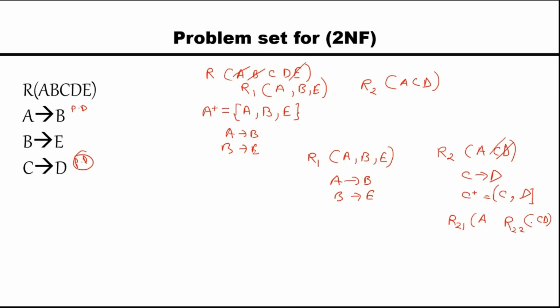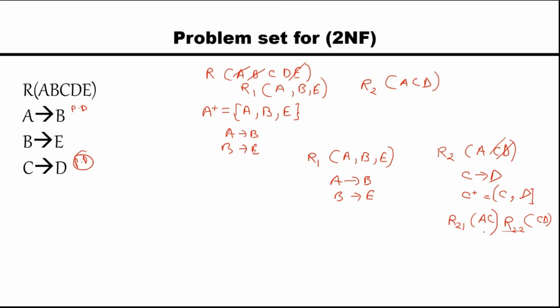The common attribute must be the candidate key. The candidate key here is C, so you have to take AC.